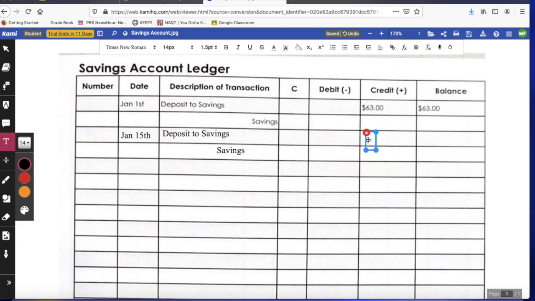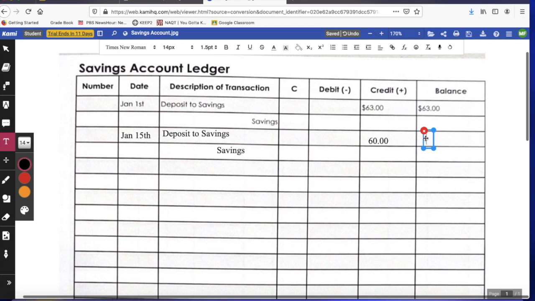And then it looks like he added another $60 to his savings. That's pretty good. So what you'll do to get the balance is take the $63 up there from January 1st plus your $60 to get your new balance.